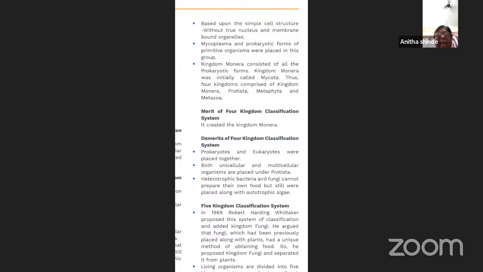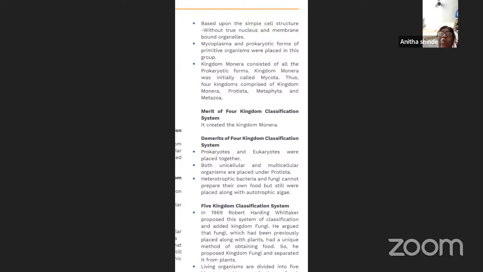Both unicellular and multicellular organisms are placed under Protista, and heterotrophic bacteria and fungi cannot prepare their own food, but still they are included along with the algae. So you cannot accept this classification.